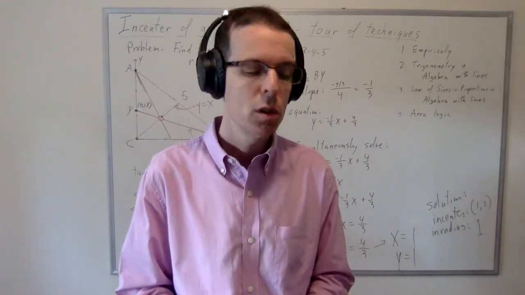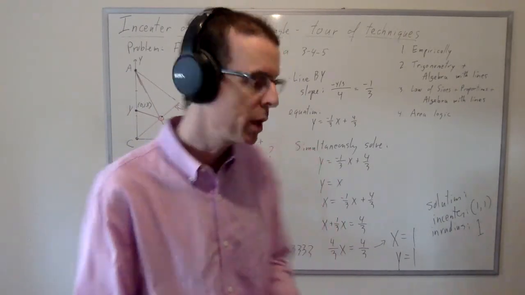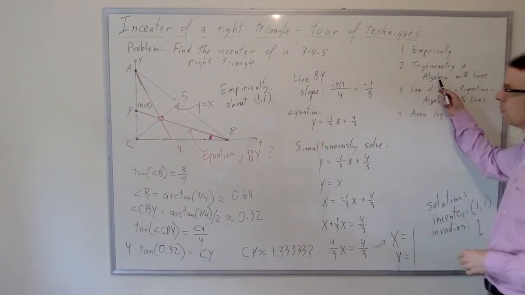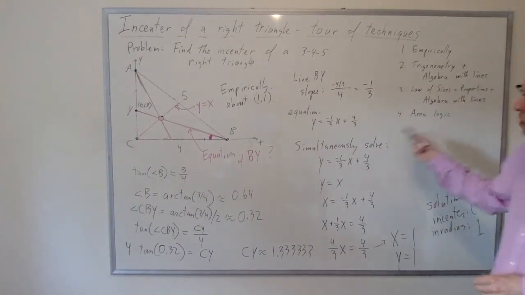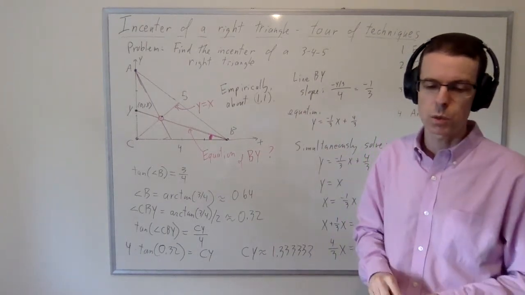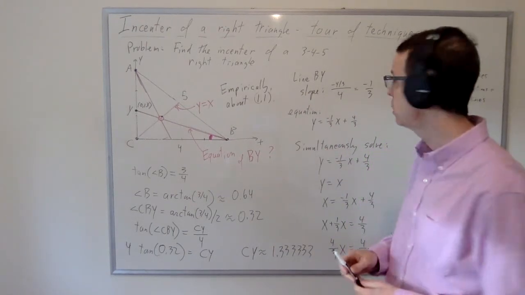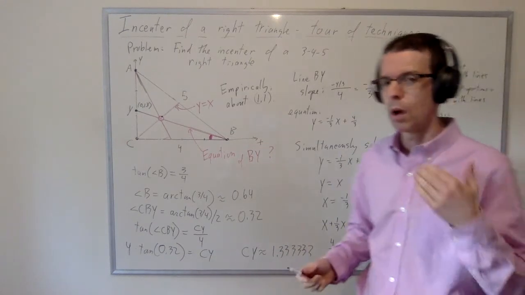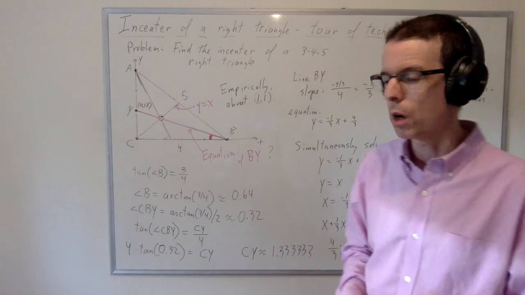But this is a valid way of doing it. This is very much an analytic geometry approach because we're using algebra with the line equations themselves, which is not typical in a pure geometry situation, but is totally a valid method. And we're using trigonometry here. We're using it really hard.